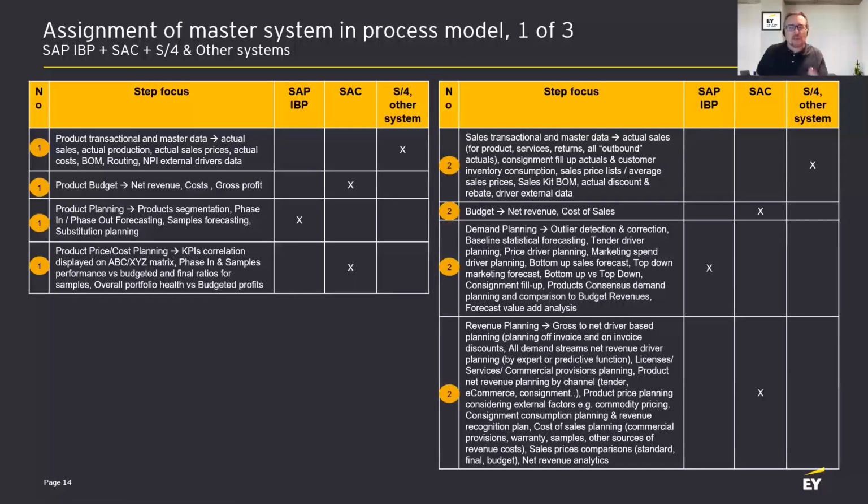But here it's not only about planning your implementation from the phase-in and phase-out perspective, from the volumetric side, when it will happen, but also planning your costs or planning your price as part of this introduction. And last but not least, comparing this to the budget.